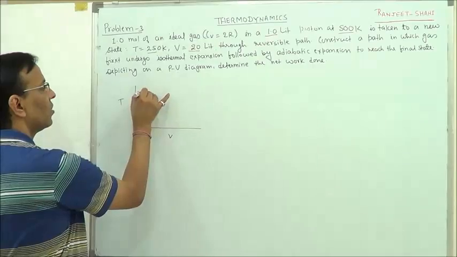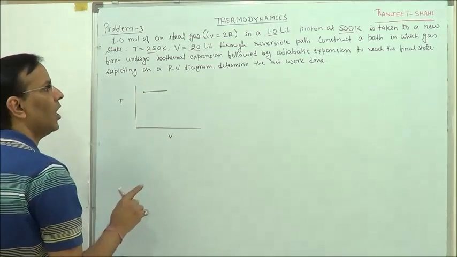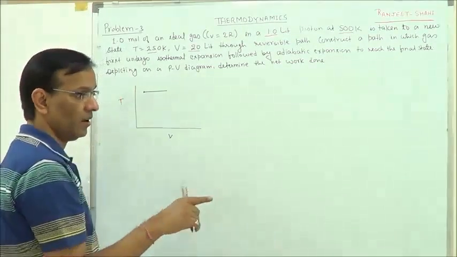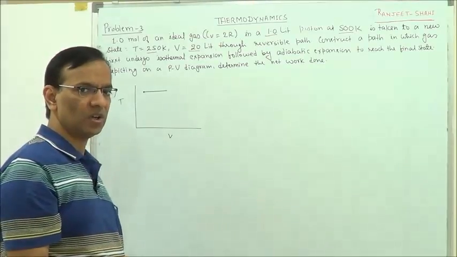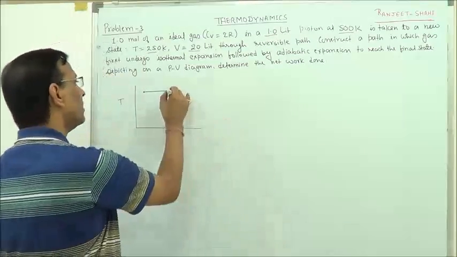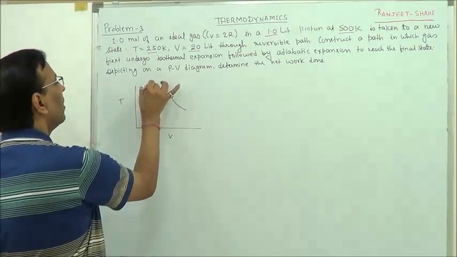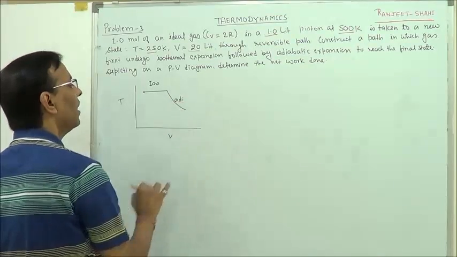So temperature is constant, volume is increasing. And then adiabatic reversible expansion. In adiabatic expansion, temperature decreases. So temperature is decreasing, volume is increasing. Second will be like this. It is isothermal and it is adiabatic.